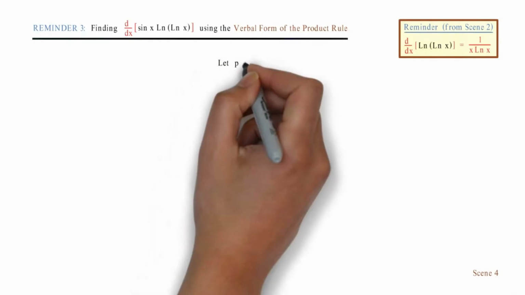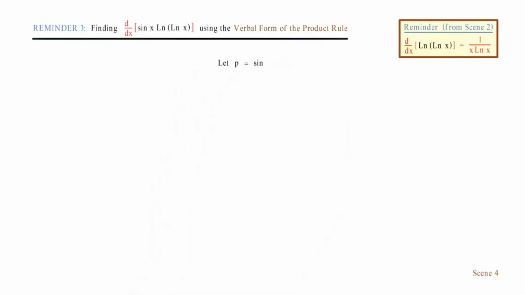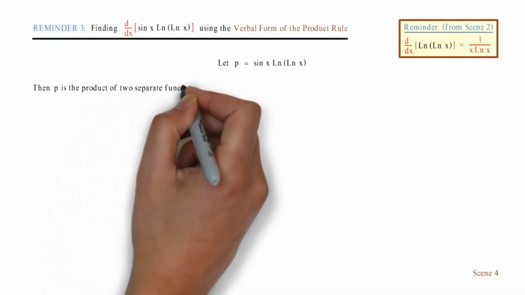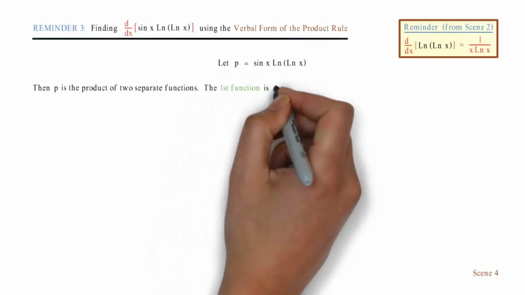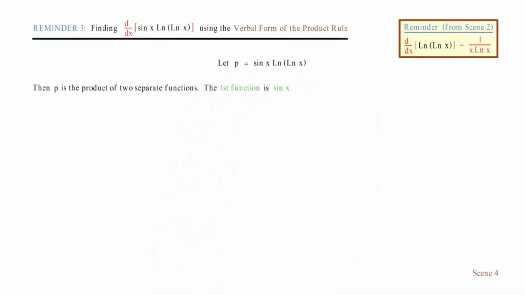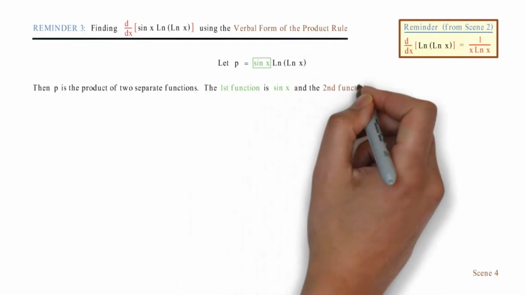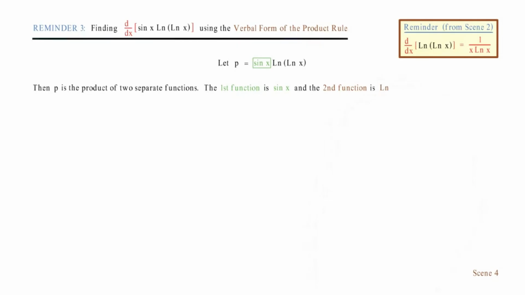Let P equal sine of x ln of ln of x. Then P is the product of two separate functions. The first function is sine of x, and the second function is ln of x.